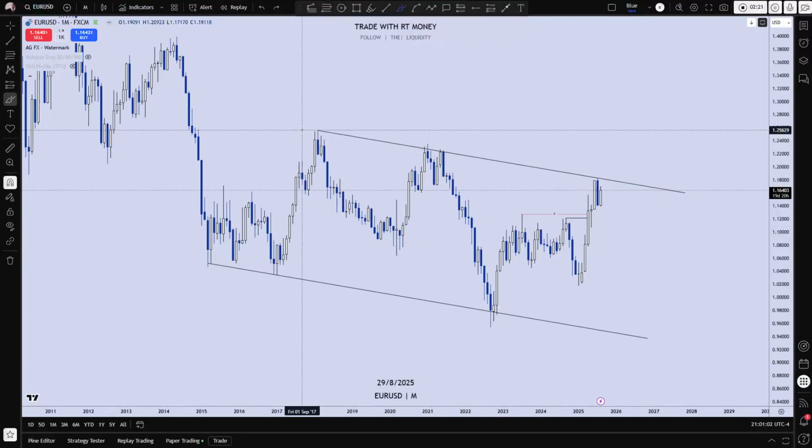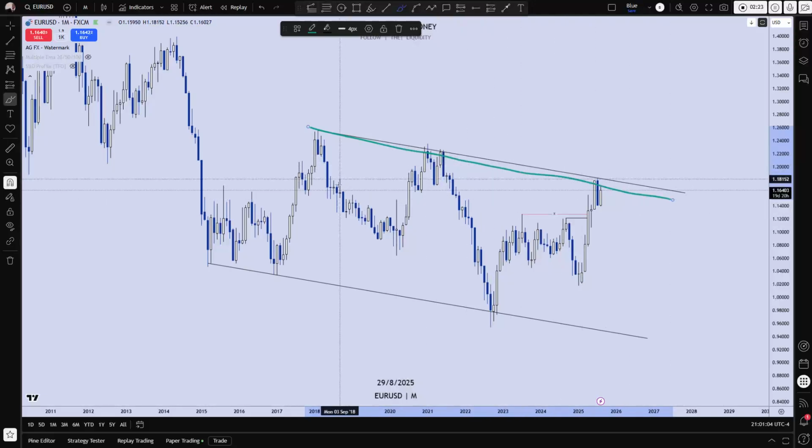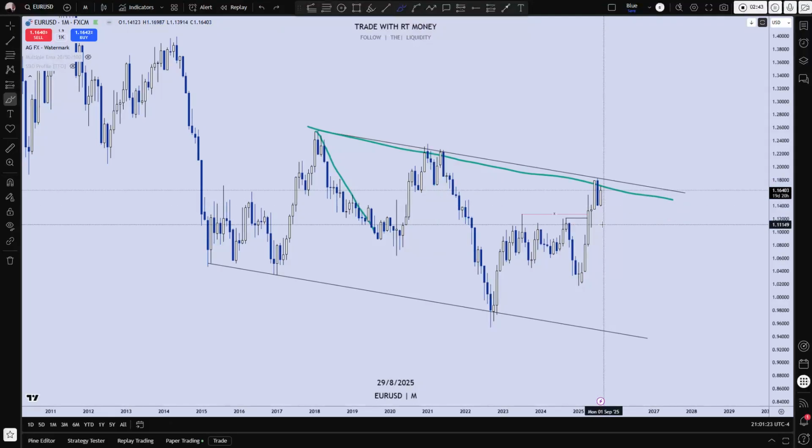Every time it's reached this diagonal resistance line, prices drop. This time, it didn't just drop like it did over here. It fought a little bit higher, higher, higher until it failed to make a new high. Right. This one, it's obviously not going down on the first shot.